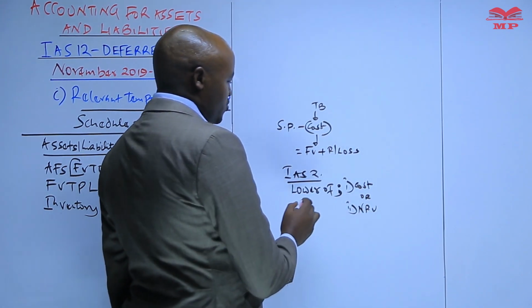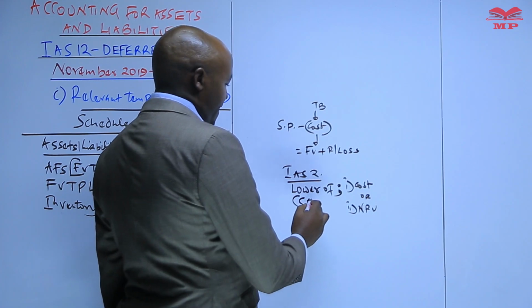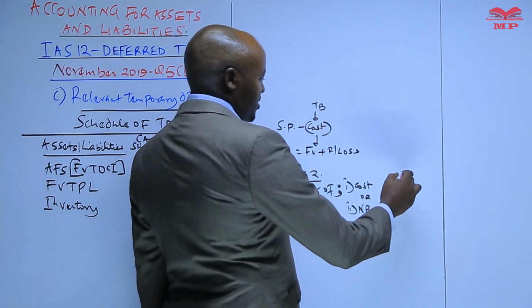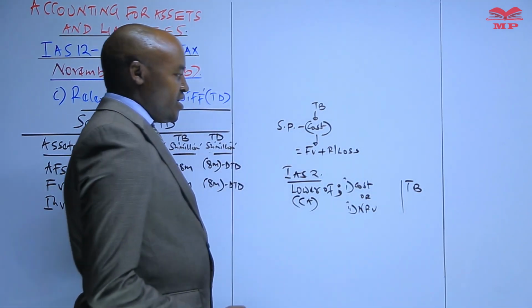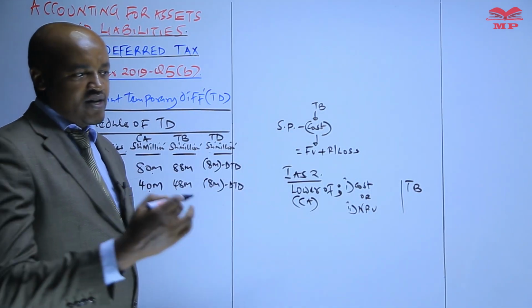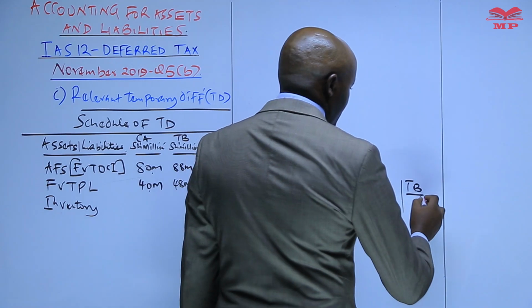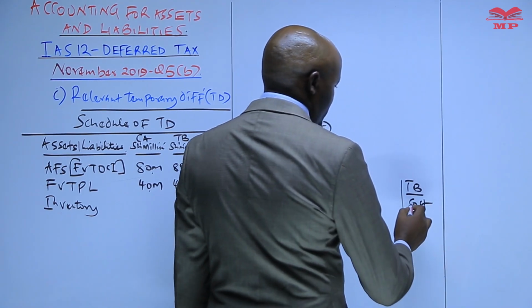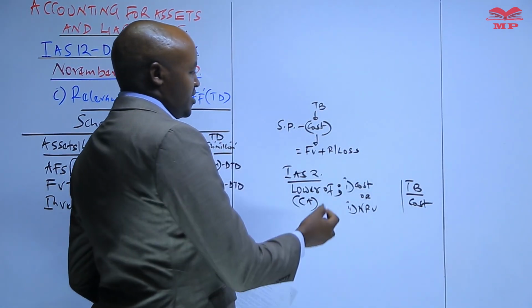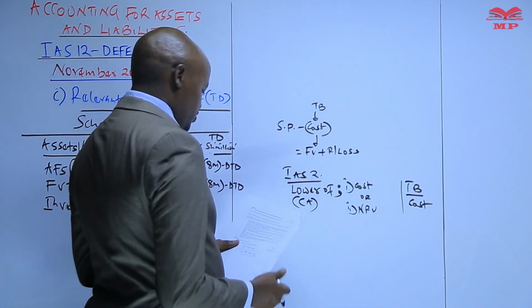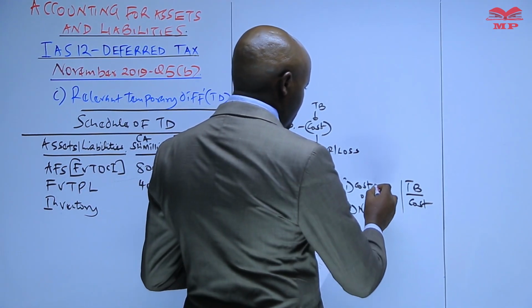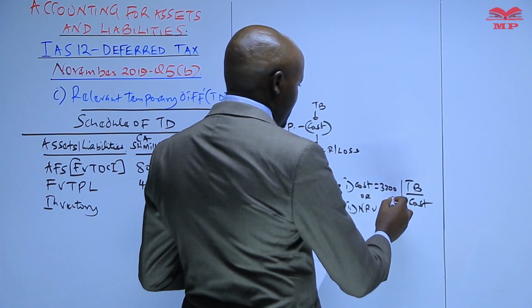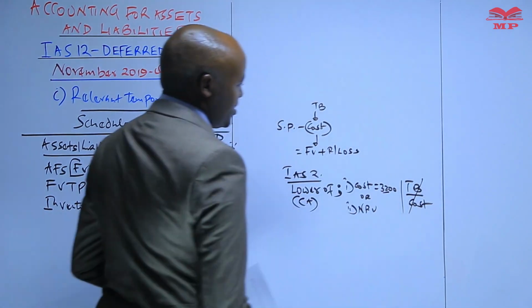So the lower of these two is the carrying amount, but the tax base of inventory, when the company is computing the taxable profit, the value which is taken into account as far as the inventory is concerned is always equal to the cost. So the cost is the tax base, but the carrying amount is the lower of the two. We are given the two values there, where we are told the cost is 3,200, and automatically, because this is the cost, that will be the tax base.